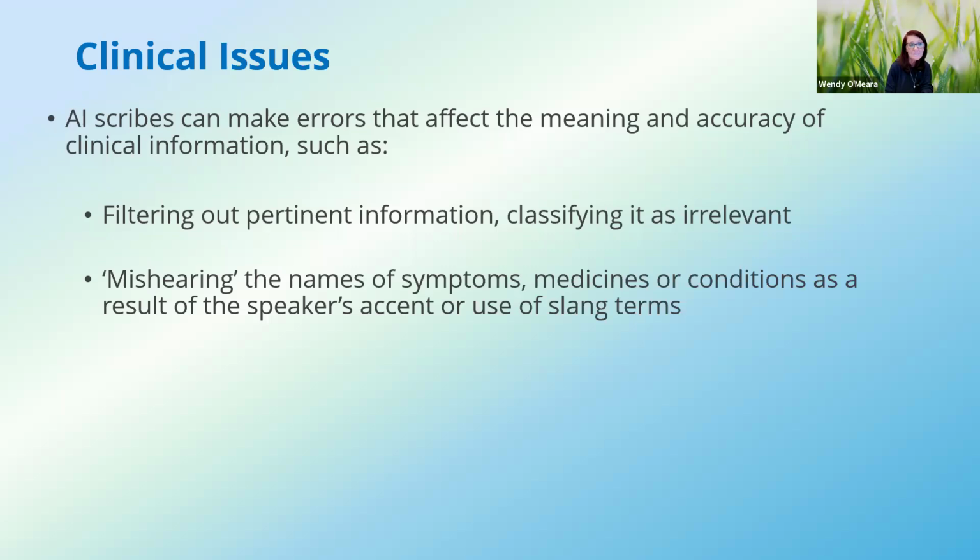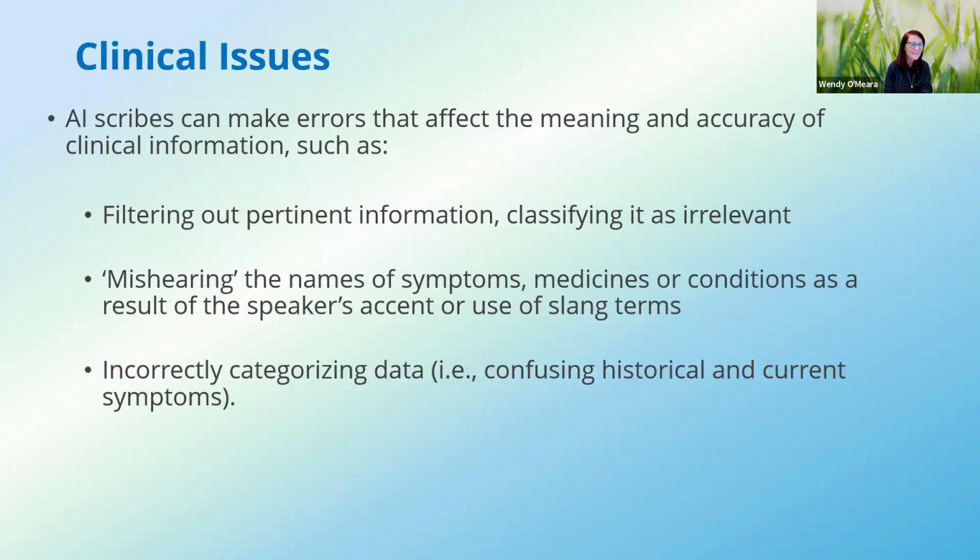Mishearing the names of symptoms, medicines or conditions as a result of the speaker's accent or use of slang terms perhaps, but in my case, just because of the speed that I talk at. Sometimes they can incorrectly categorize, so confusing historical and current symptoms. The patient may talk about something they've had in the past, and it may actually add it into the current symptoms that the patient is presenting for.